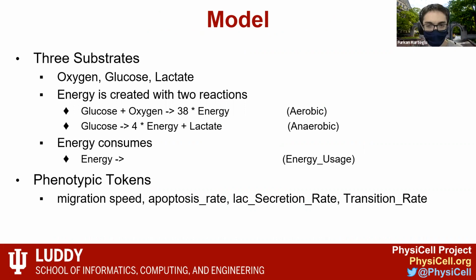So in our model, there will be 3 substrates: oxygen, glucose, and lactate, and energy is created with 2 reactions. One is aerobic, and the other is anaerobic, which is creating lactate, and the energy is consumed by one mass action kinetic reaction. There are some phenotypic tokens, which are migration speed, apoptosis rate, lactate secretion rate, and transition rate.